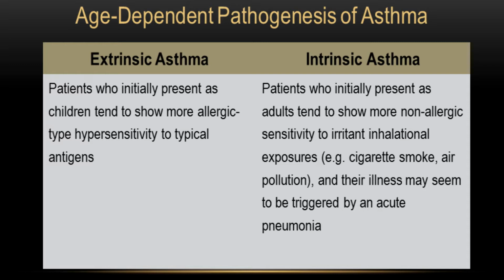Whereas intrinsic asthma, patients who initially present as adults, tend to show more non-allergic sensitivity to irritant inhalational exposure like cigarette smoke, air pollution. There is no specific allergen here. Their illness may seem to be triggered by an acute pneumonia. Extrinsic asthma: allergy in children. Intrinsic asthma: less allergy, and in adults.